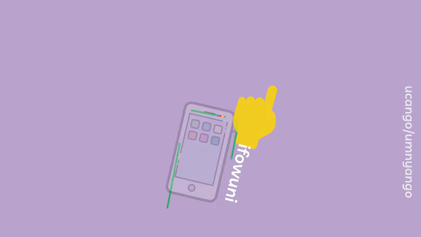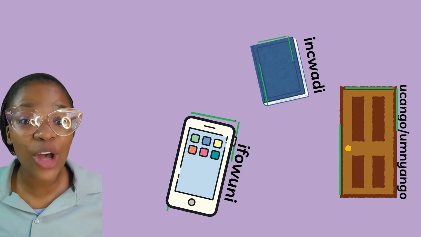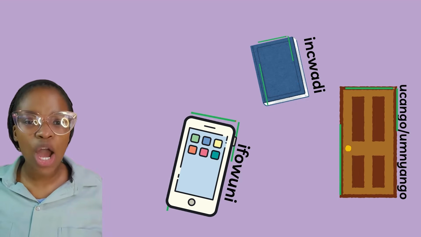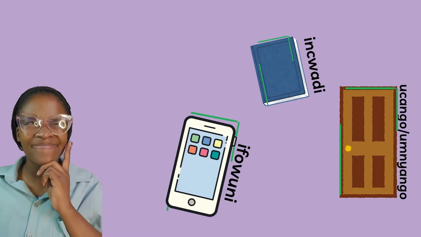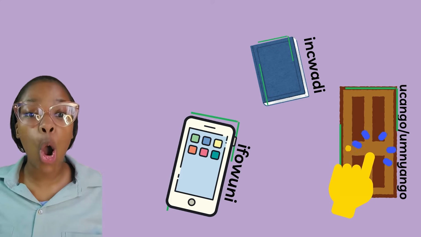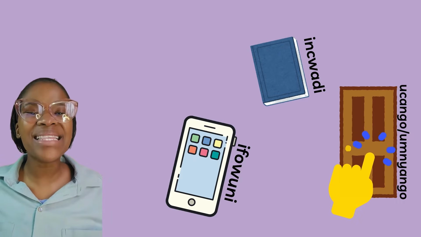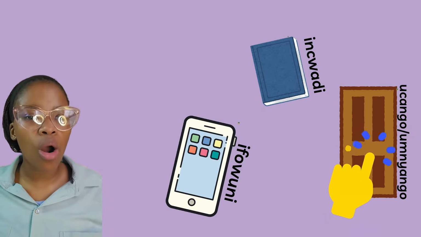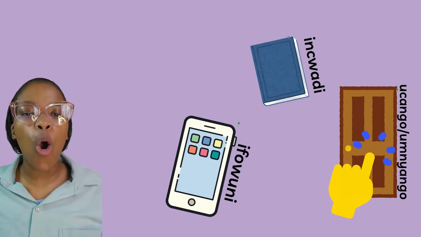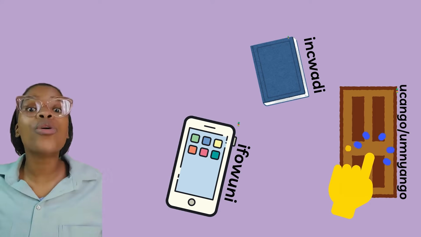Tommy, can you guess the last thing that's also in the shape of a rectangle? Yes! A door! And a door is uqango. You can also say umnyango. That is a door, Chomi, but I call it uqango.